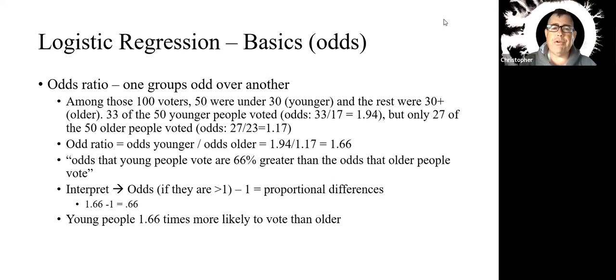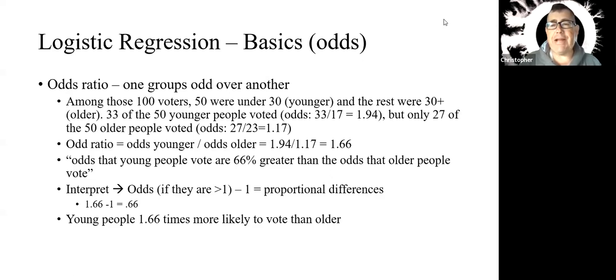This tells you a proportional difference, which you convert to a percentage. So 1.66 minus 1 is 0.66. That would suggest that the odds that young people vote are 66% greater than the odds that older people vote. I prefer to just interpret it directly. Young people are 1.66 times more likely to vote than older in terms of this election. Just some of the different interpretations.